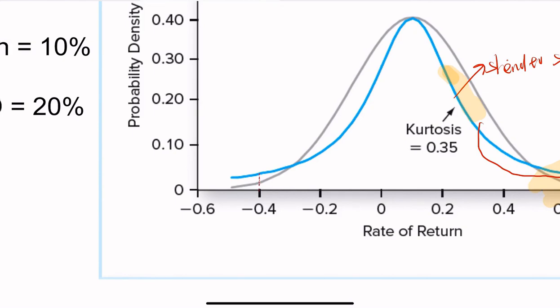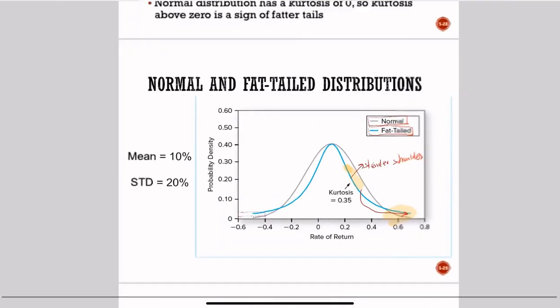The likelihood of this negative 40% loss is given by a very small number on this normal distribution. But the likelihood has a much larger value on this blue curve, right? So fat tail essentially means extreme events become more likely.